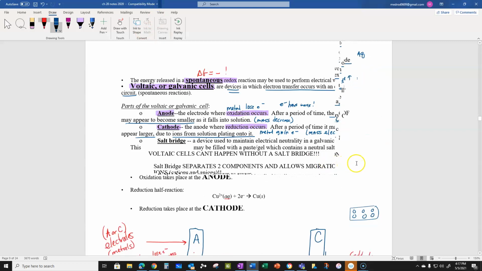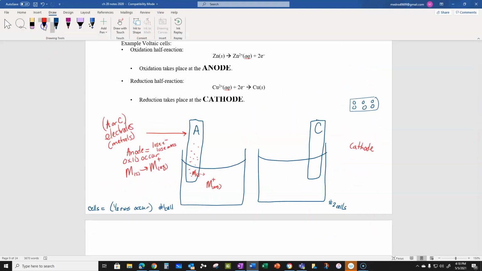So now in this direction, we'll call it capital C. This capital C, positive ions, are going to start to plate and form little precipitates on it, called solid.